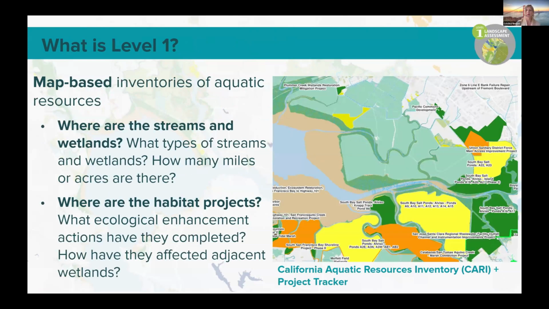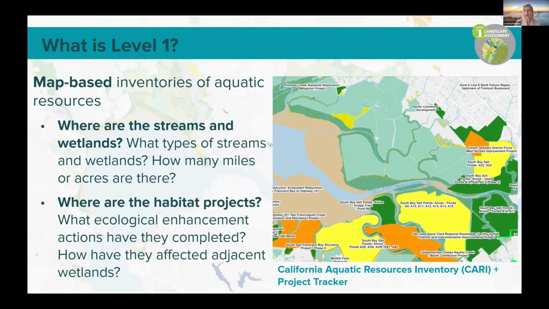Level 1 are map-based inventories of aquatic resources. These data sets are able to answer questions such as where are the streams and wetlands, how many types of wetlands do we have, what are the acres and miles, as well as where are our habitat projects, and how have they affected adjacent wetlands.